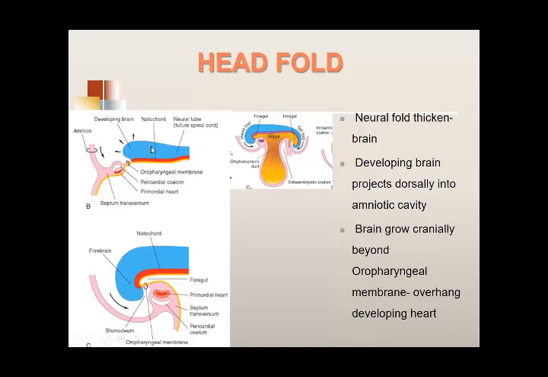The neural tube, the cranial end, develops into brain, and as head fold occurs, this developing brain overhangs the developing heart. Between the developing brain over here and the developing heart, you have the structure which is the oropharyngeal membrane.